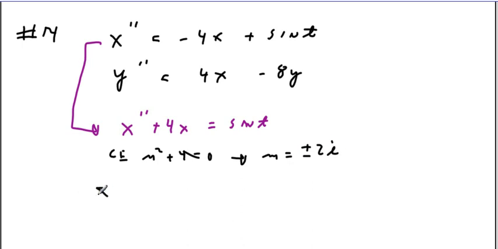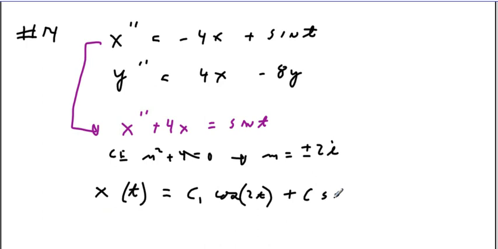So x complementary solution, the homogeneous solution of t, is going to be c1 cosine 2t plus c2 sine 2t.